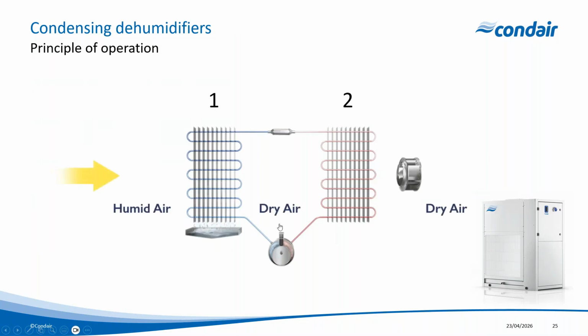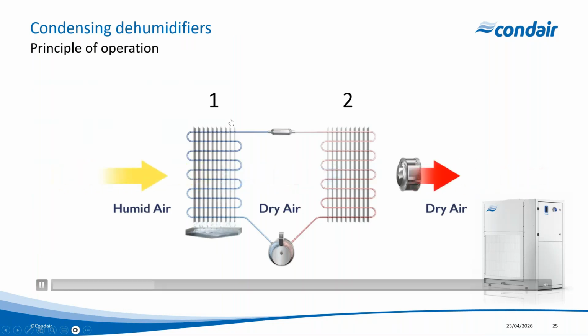So a condensing dehumidifier is basically a direct expansion refrigeration system. Here you've got a pretty recognizable diagram of a DX system. Here you've got a compressor that's going to change the pressure of a gas so it condenses at a given temperature.